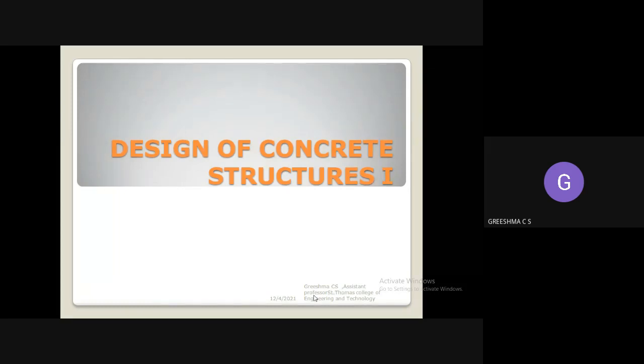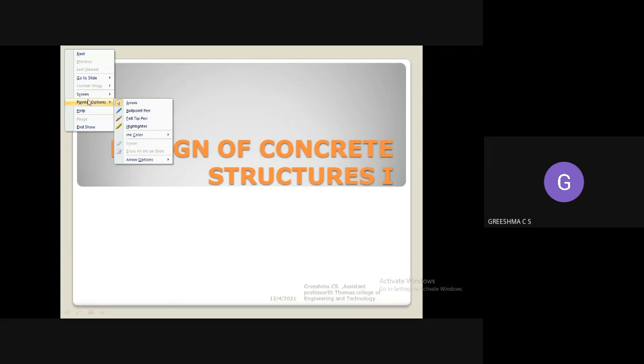Let's start Design of Concrete Structures. We are doing a problem on cantilever beam.